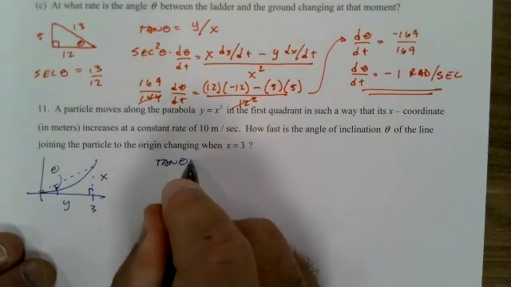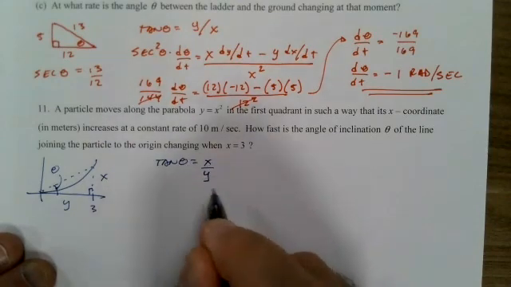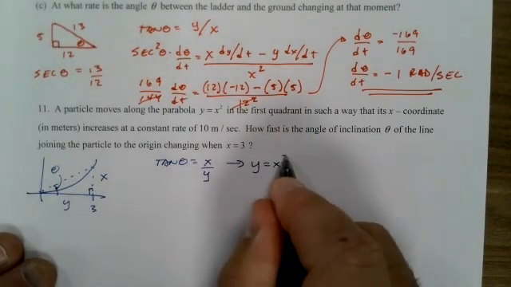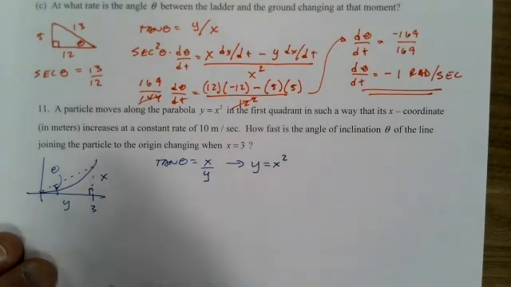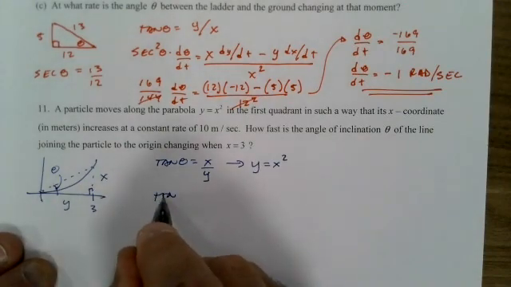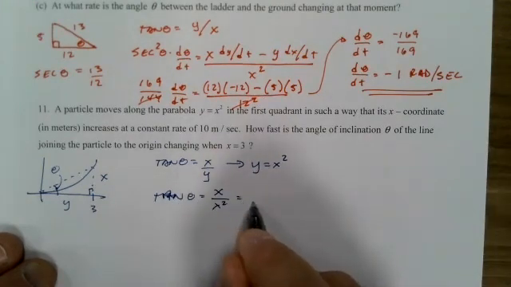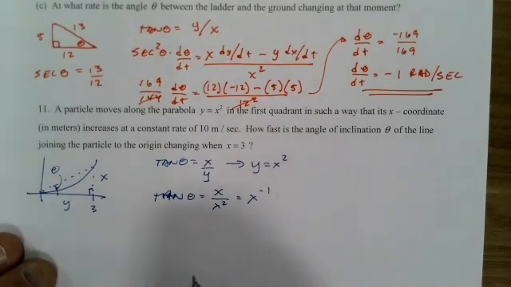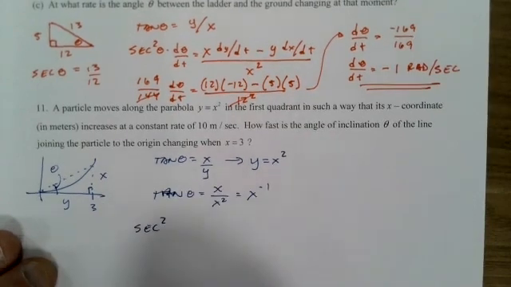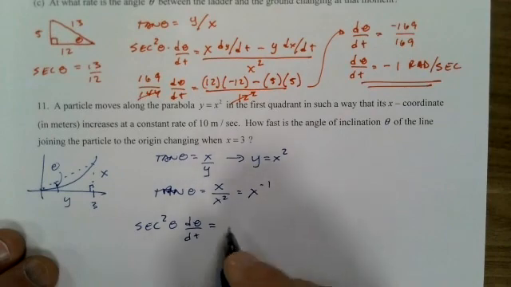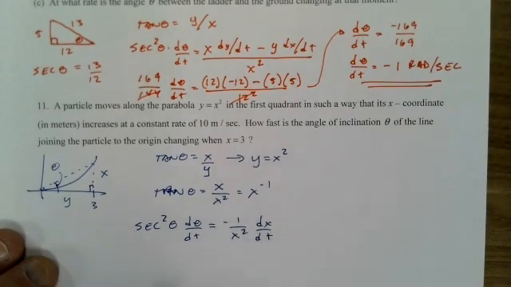Tangent of theta equals y over x. y equals x squared. Tangent of theta equals x squared over x equals x to the first. Secant squared theta d theta/dt equals negative 1 x to the second dx/dt.